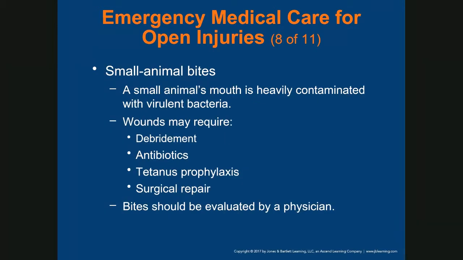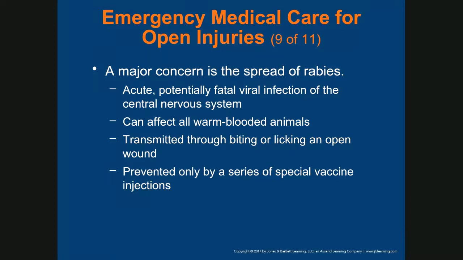Small animal bites. A small animal's mouth is heavily contaminated with virulent bacteria. Wounds may require debridement, antibiotics, tetanus prophylaxis, and surgical repair. Bites should be evaluated by a physician. Now, a major concern is the spread of rabies, an acute, potentially fatal viral infection of the central nervous system.